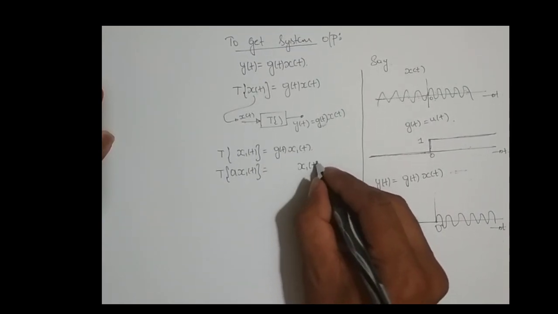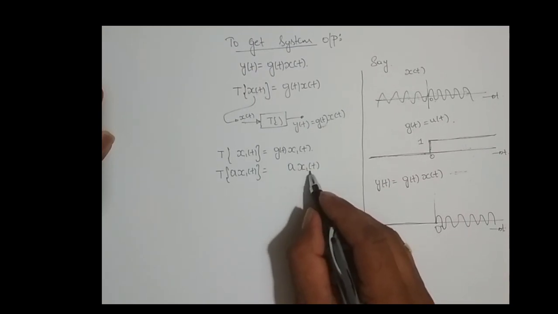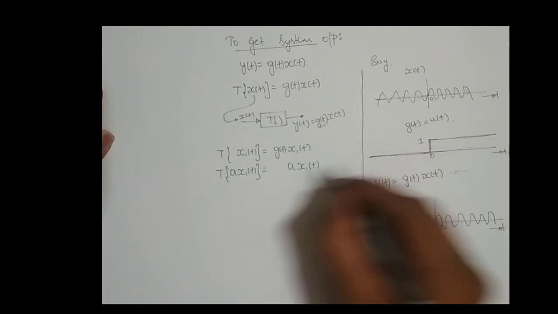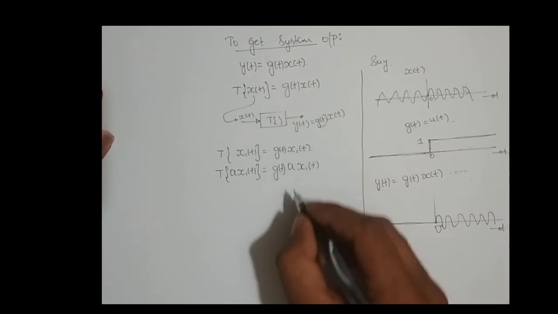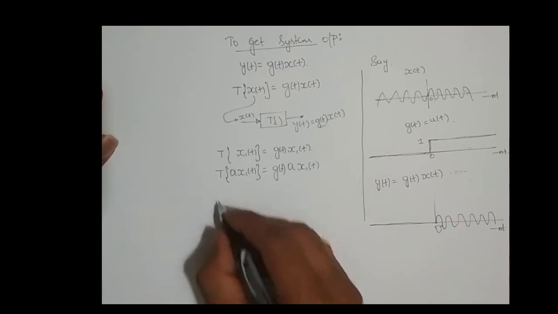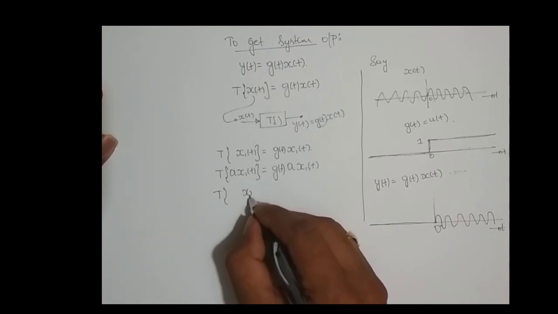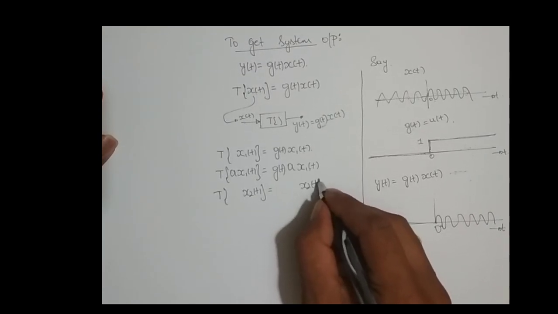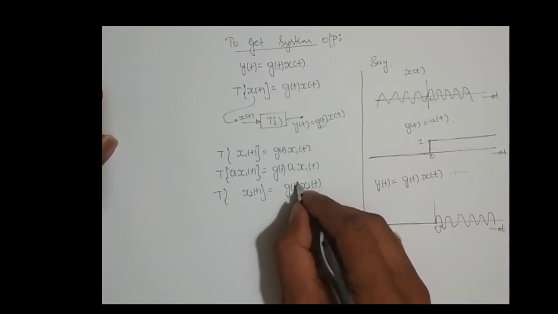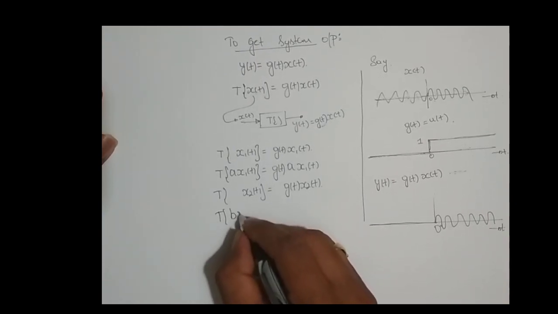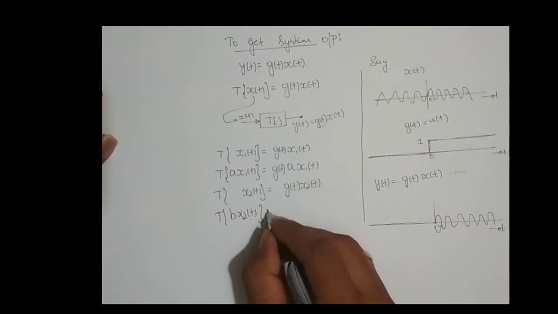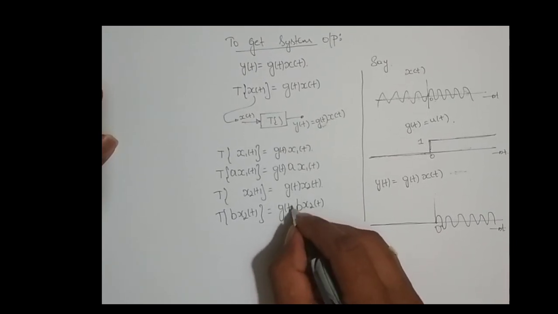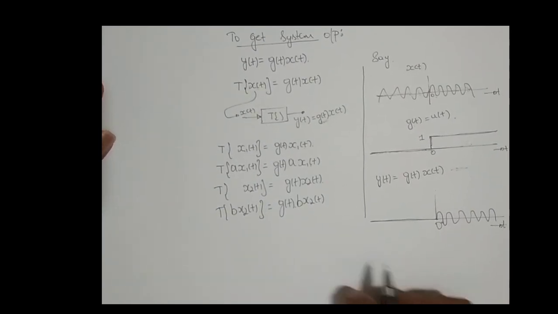For the scaled version of this input signal, a times x1 of t, scaled by a factor of a, g of t is getting multiplied. Similarly, if I feed x2 of t to the system, x2 of t gets multiplied with the signal g of t, right? And if I feed a scaled version of x2 of t, b times x2 of t, again g of t is getting multiplied.